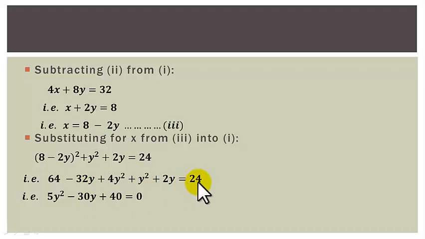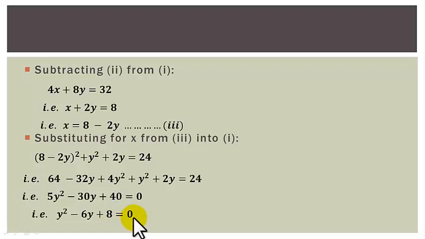Then bringing 24 to the left hand side, that will give us 64 minus 24, which is equal to plus 40, and then this is equal to 0. We can reduce this equation by dividing through by the common factor 5, and it reduces to y squared minus 6y plus 8 equal to 0.